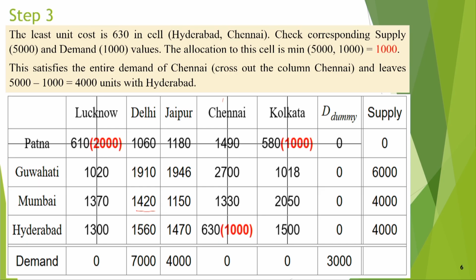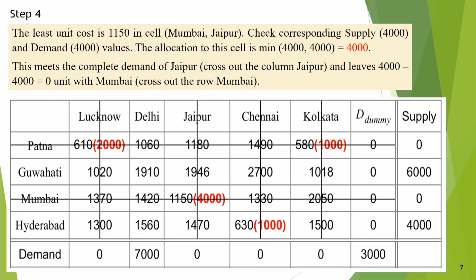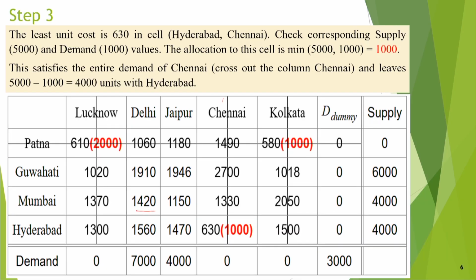So the maximum we can give is 4000. Okay. Let us see here. Actually 1420 was not the least, rather 1150 was the least. We have to see all the columns carefully, 1910, 1946. So 1420 is not the least cost. Least cost is in fact 1150.